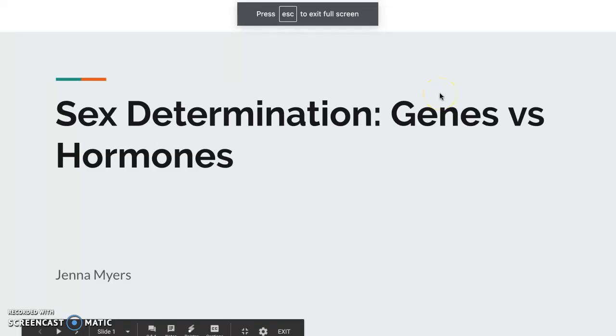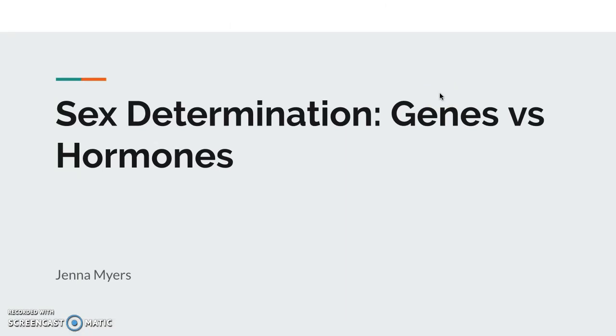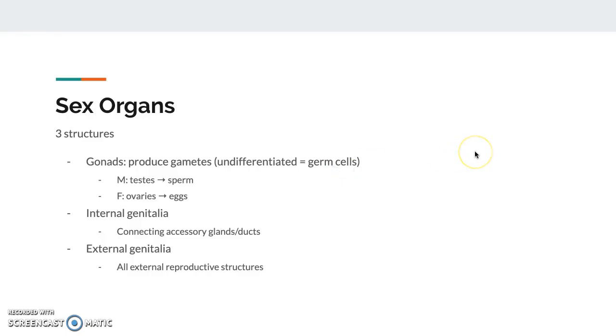Okay, again, like I said, we're going to be talking about comparing genes versus hormones in determination of sex in utero. This is just an intro slide that talks about the different sex organs. There are three structures throughout this whole process that we're going to be talking about as they develop.